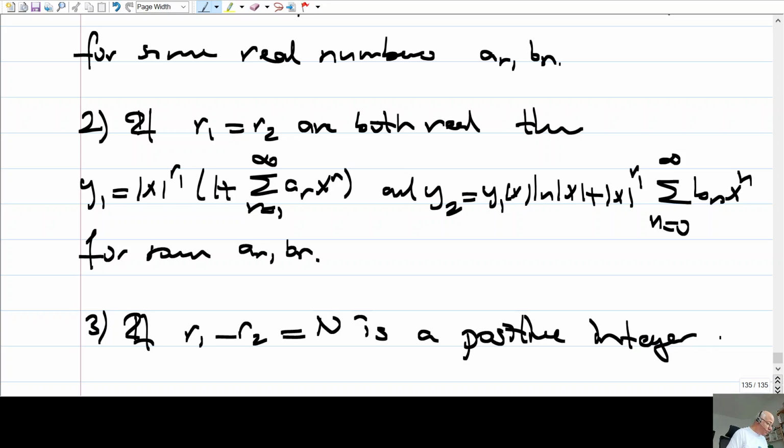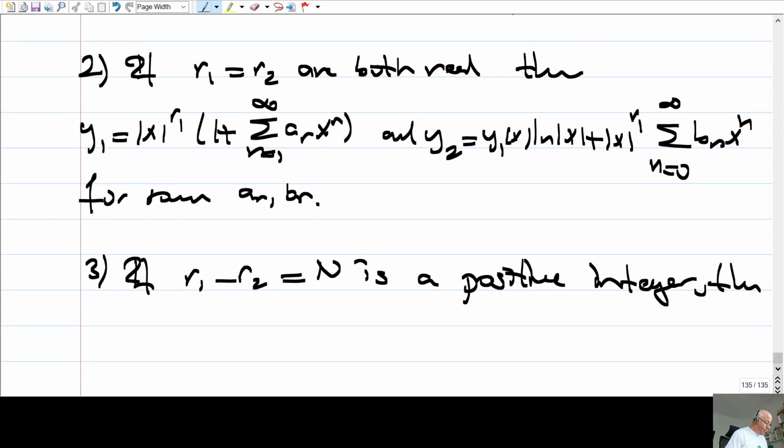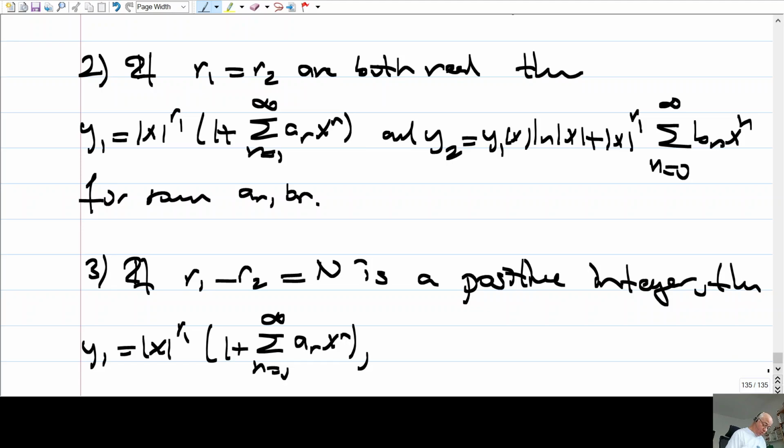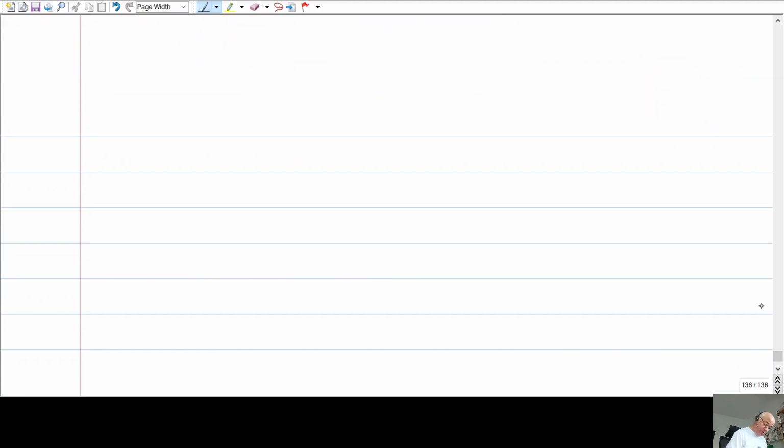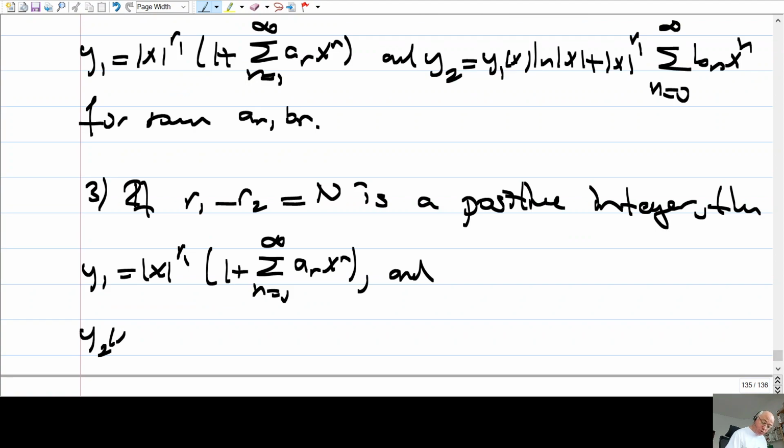So if it is a positive integer, then y1 is again the same, x to the power r1 times 1 plus the sum from 1 to infinity of an x^n, and y2, the second linearly independent solution. So these are the linearly independent solutions.